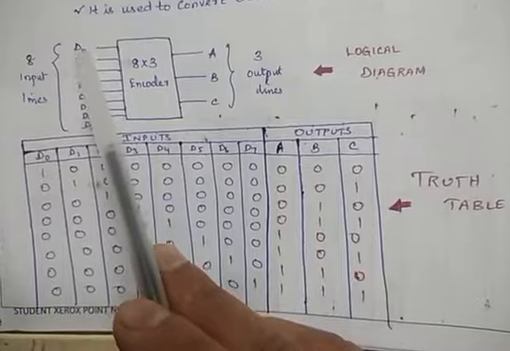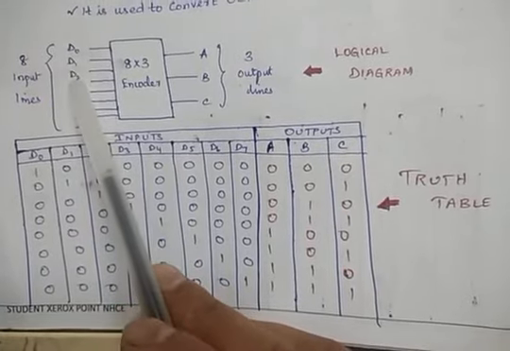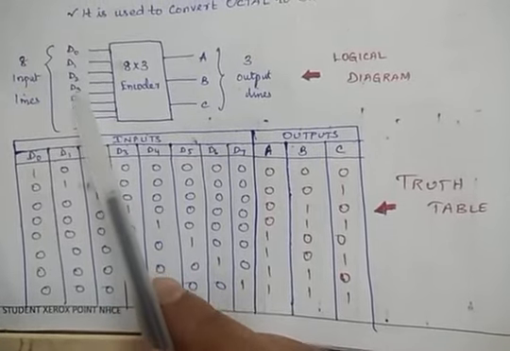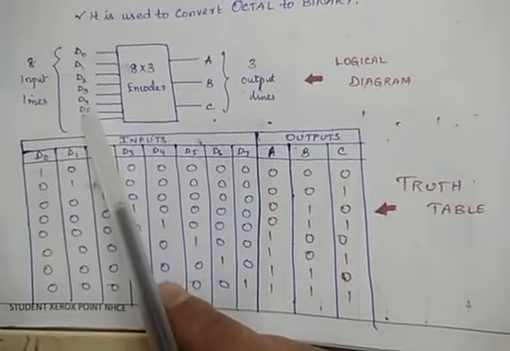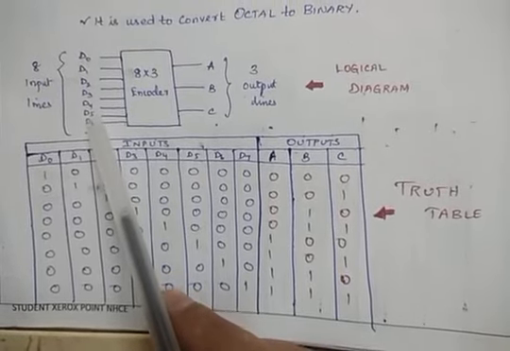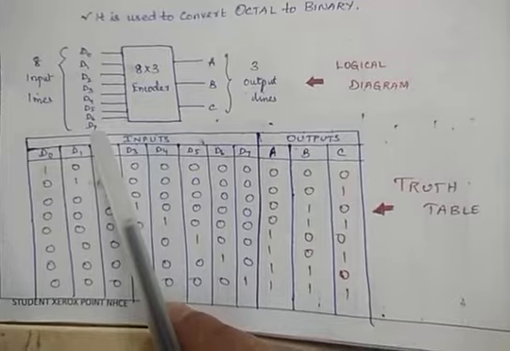So we'll see the truth table of encoder. See, if I'm giving 0 here, D0 means 0, D1 means 1, D2 means 2, D3 means 3, D4 means 4, D5 means 5, D6 means 6, D7 means 7.